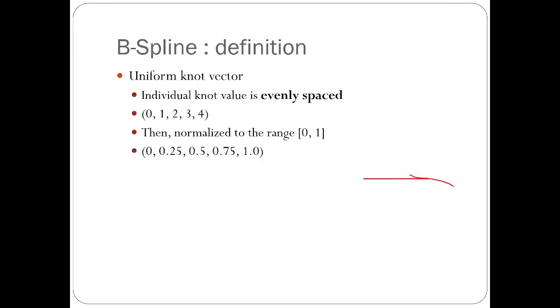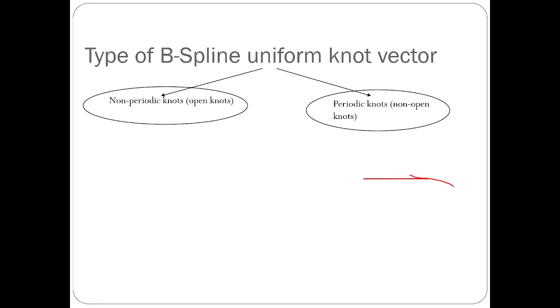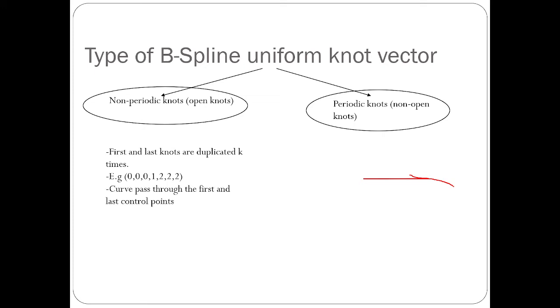Next, the types of B-spline uniform knot vector are non-periodic knots, that is open knots, and periodic knots, that is non-open knots. In non-periodic knots, the first and last knots are duplicated k times, that is 0, 0, 0, 1, 2, 2, 2. The curve passes through the first and last control points.